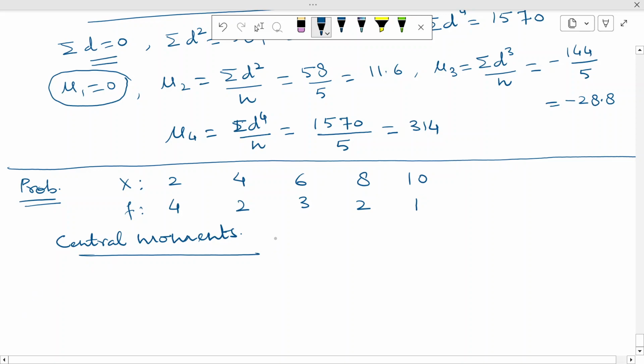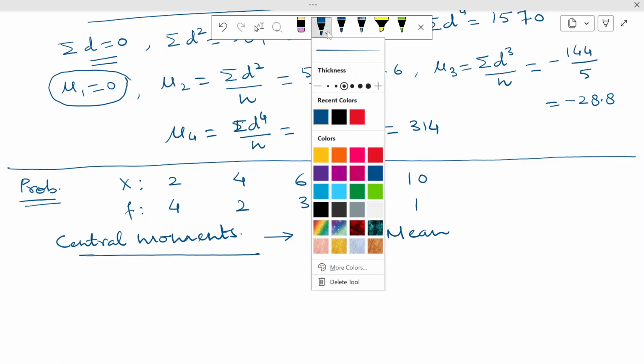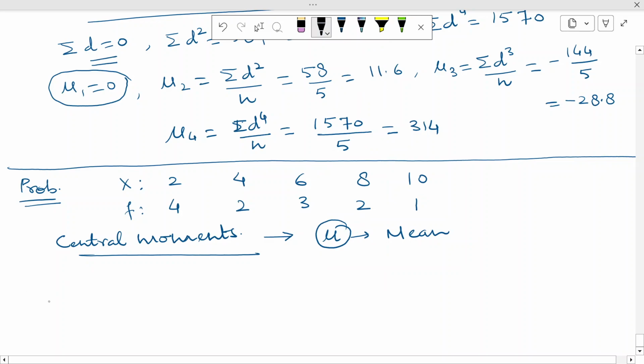Again, in order to calculate the central moments, first of all we have to calculate this mu. What is this mu? This is your mean. In the case of discrete data, mu will be calculated as summation fx divided by summation f.